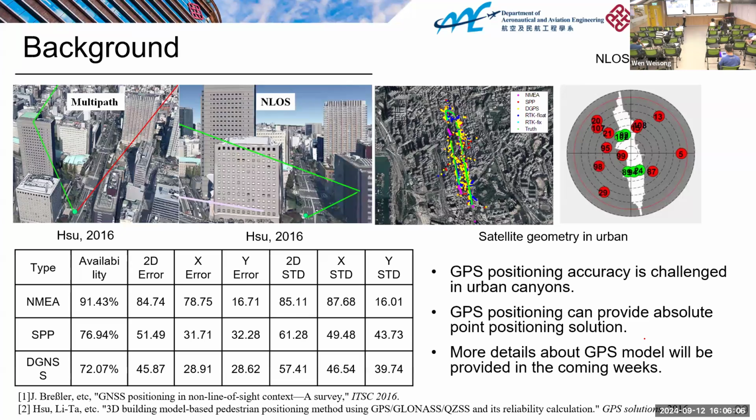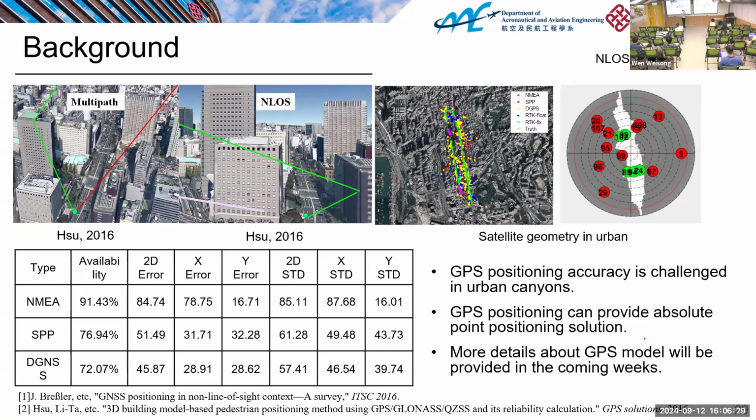The gray area means the signal is coming from the building area. It's blocked. So if those satellites are located in the gray area, the signals are all reflected, should be coming from this phenomenon or this phenomenon. So in this case, what you receive is only the green satellites.